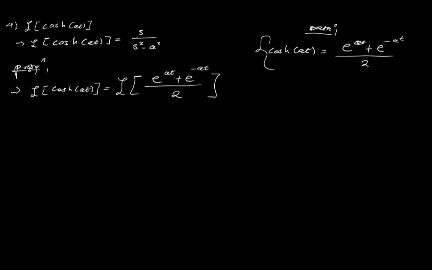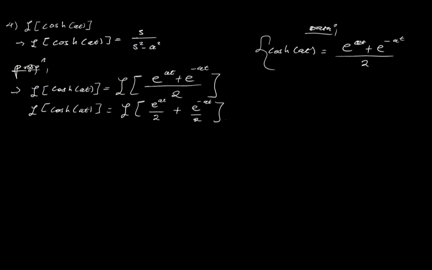Now, we can find the Laplace of the individual entity of the identity. What I'm trying to say is this: the Laplace of cosh at will be equivalent to the Laplace of e to the at divided by 2 plus e to the minus at divided by 2.